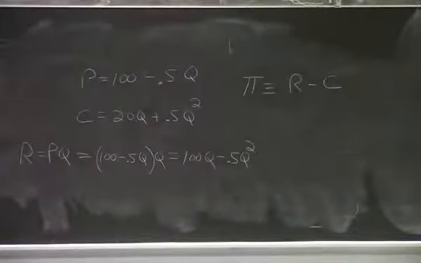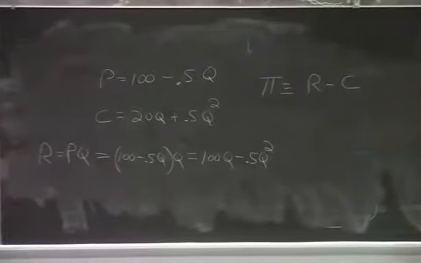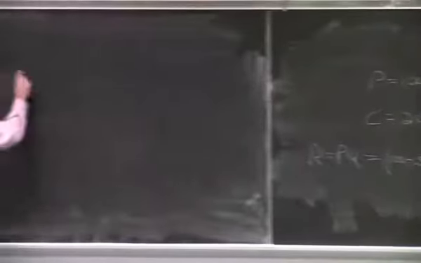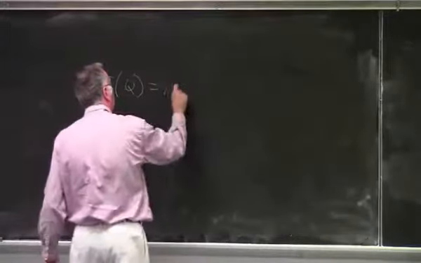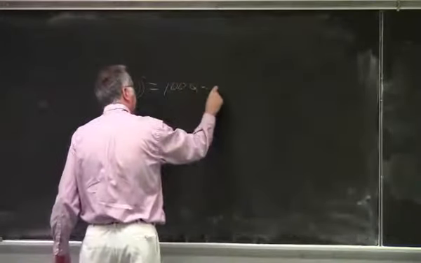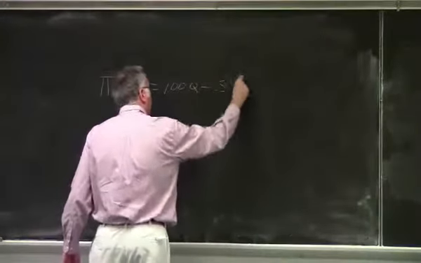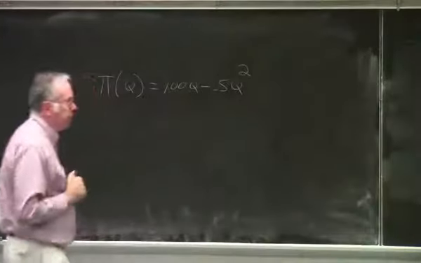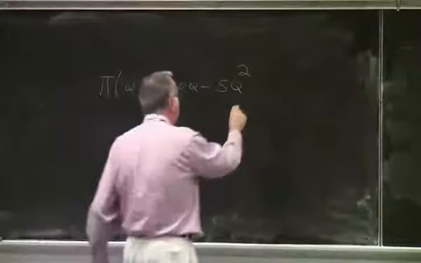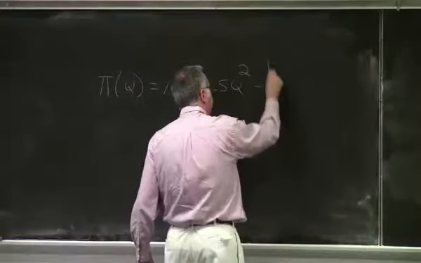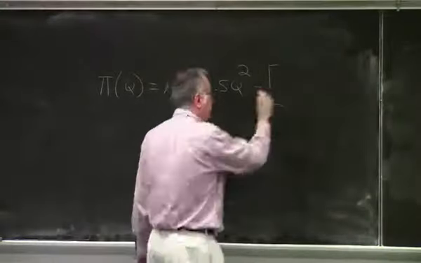Therefore, our profit function expressed as a function of Q is revenue, which is 100Q minus 0.5 Q squared, minus cost, and here's our cost function. So let's put our cost function within brackets here.